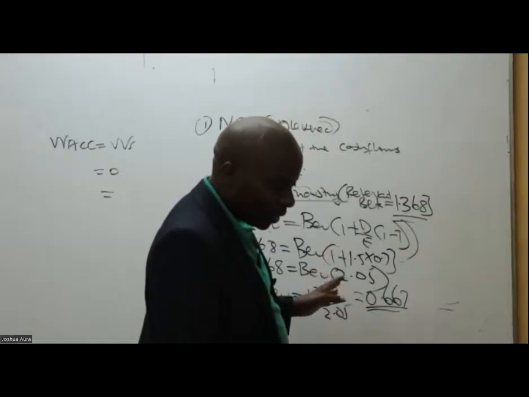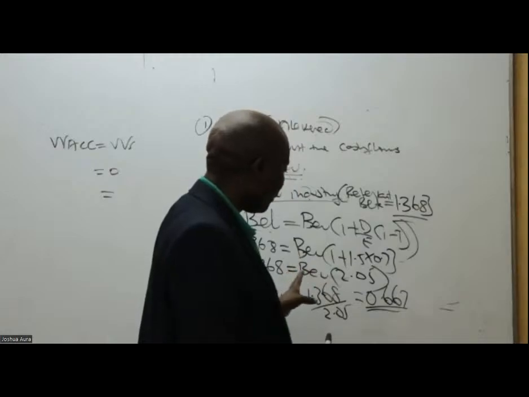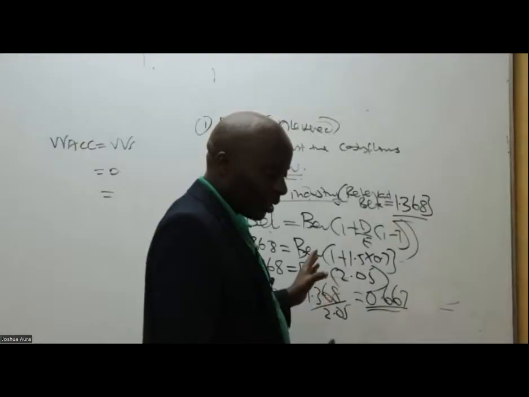I'm being told it is correct. Beta equity of the unlevered firm, I'm being told the figure is okay.